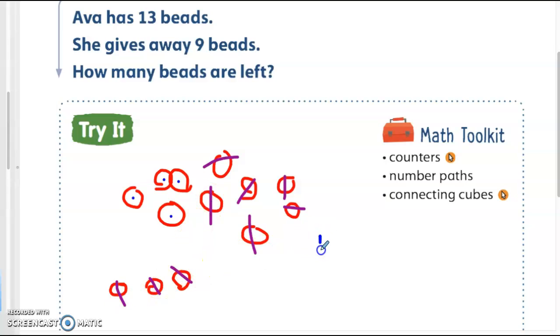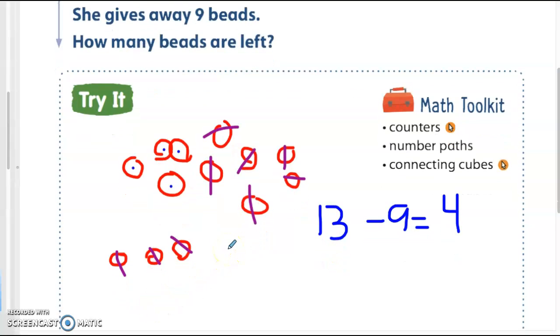That problem is saying 13 minus 9 equals 4, right? My picture says the same thing, except I just grouped 10 and 3, which would be my 13, and then I crossed off 9.